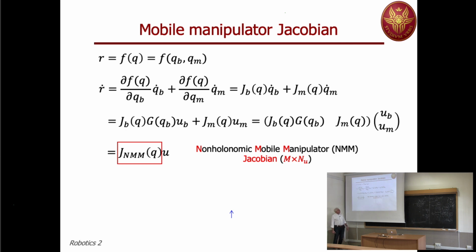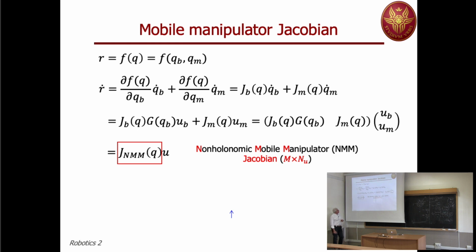Remember that every time we take a derivative with respect to a vector, each component of the original function f derived by the vector qb, for instance, will be a row vector. So this is a matrix with m rows and a number of columns equal to the dimension of qb. Same for the other. We will call this, as usual, the Jacobian, Jb, like a partitioning of the Jacobian of the task.